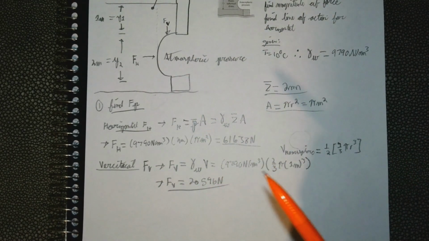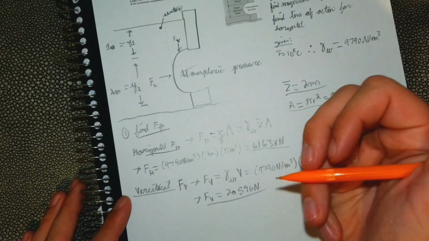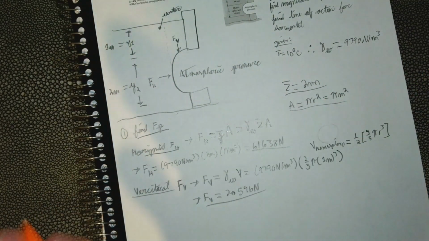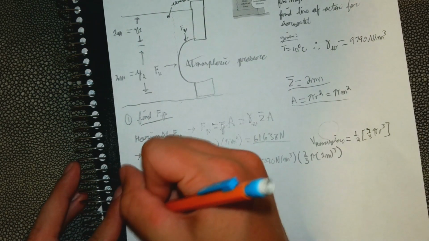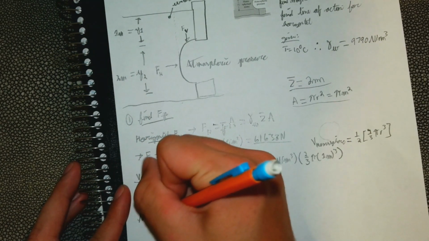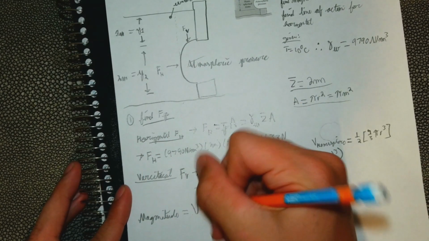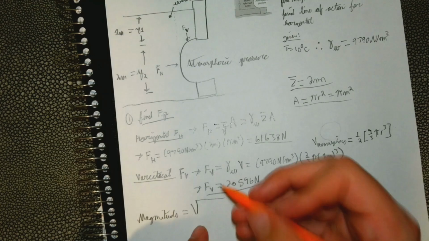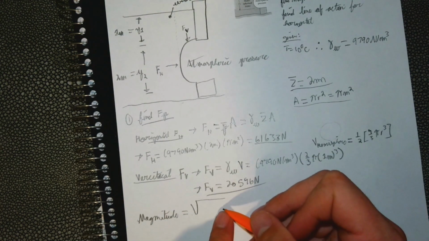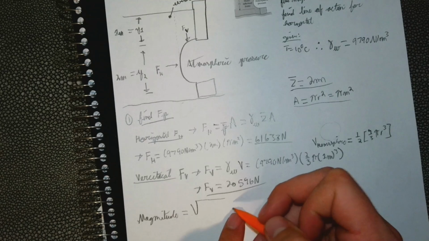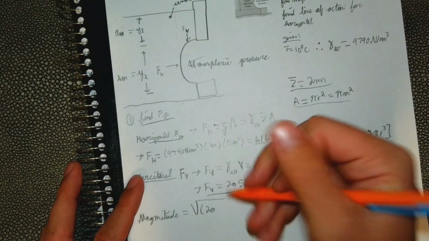Okay, so we found the vertical and horizontal components, and it's asking what's the magnitude. So to combine these forces to get the magnitude of the one force acting on it, you just do the vertical component squared plus the horizontal component squared, and you add them together.